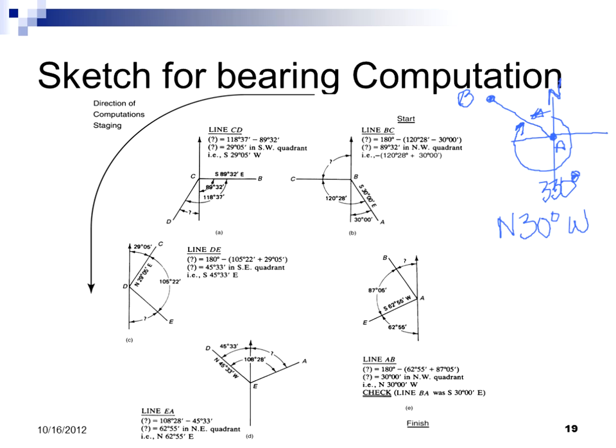Yes, exactly. So our bearing of A to B would be north 30 degrees west, right? It would be this angle right here. This is our north. This is our west. So that is A to B.